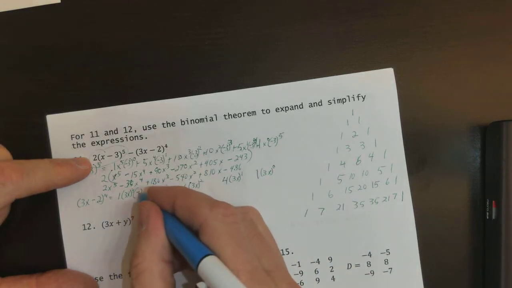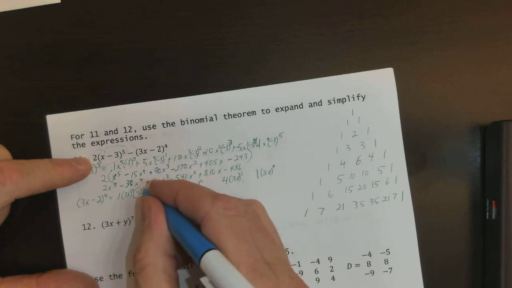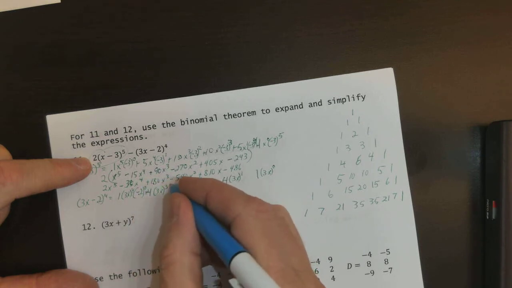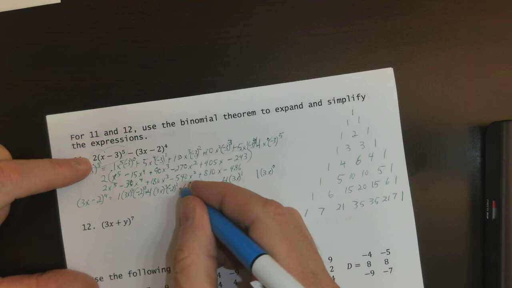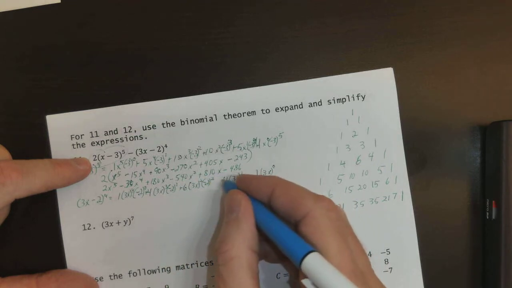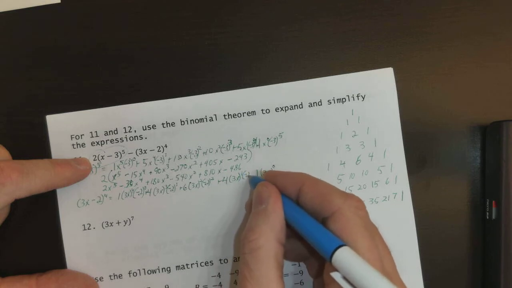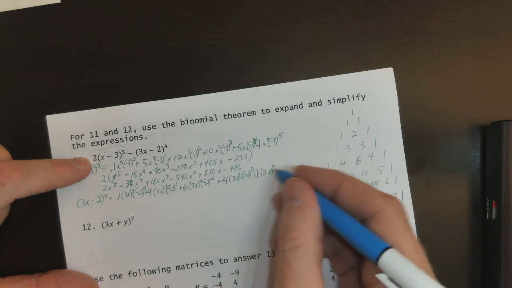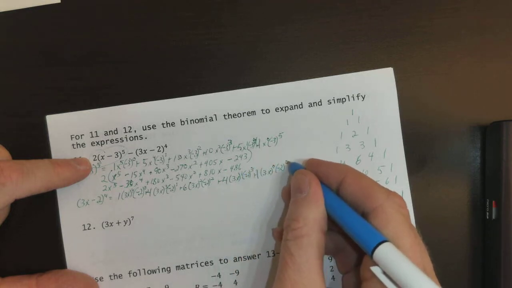Then I got negative 2 to the 0, negative 2 to the 1st, negative 2 to the 2nd, negative 2 to the 3rd, and negative 2 to the 4th.